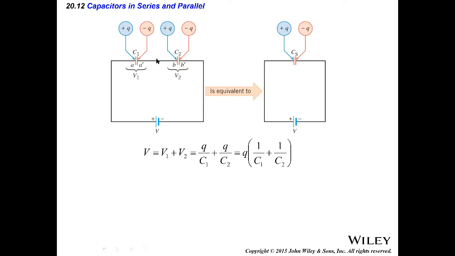So if there is no leak here and no wire coming in, the Q of this one must be the same as the Q of that one. And the voltage V2 is Q over C2. So that is Q times (1 over C1 plus 1 over C2). And that is the series.